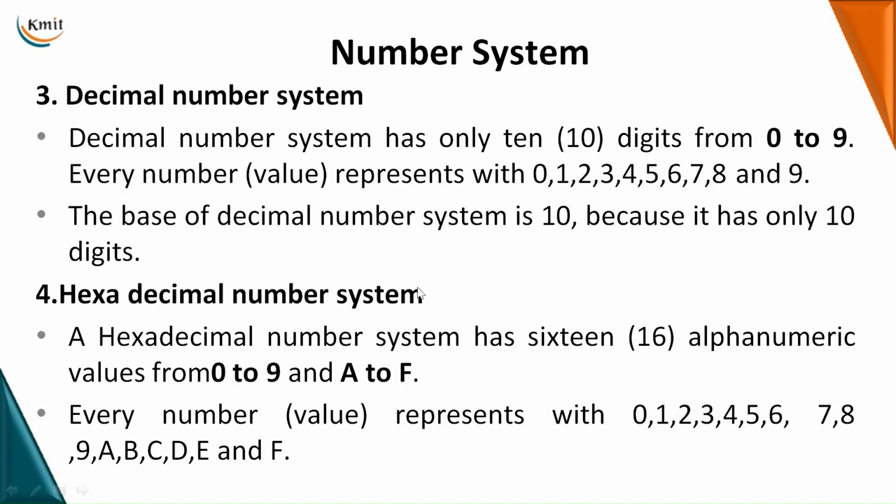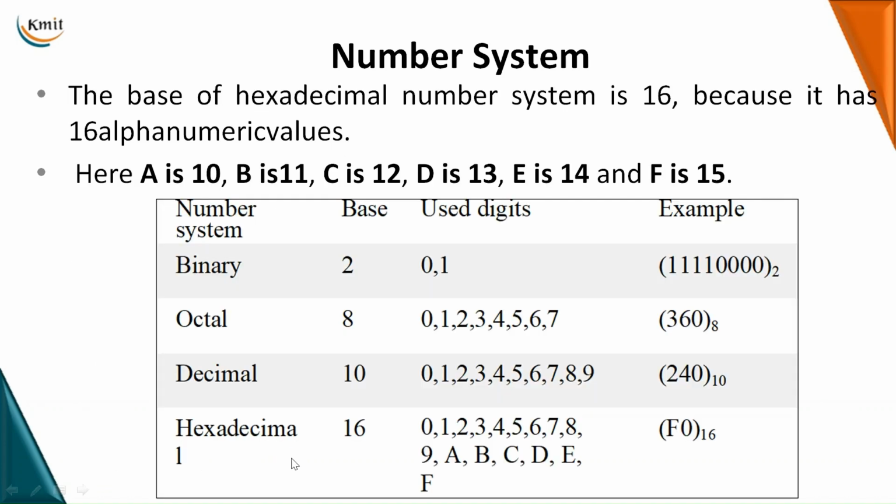Next is the hexadecimal number system, which has 16 alphanumeric values, from 0 to 9 and A to F. Every number has to be represented within this range of 0 to 9 or A to F. The base for this number system is 16 because it deals with 16 values.